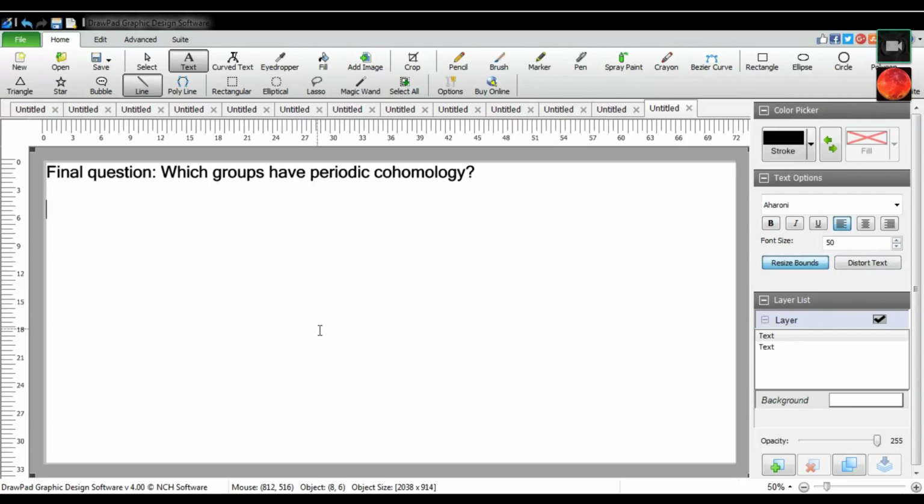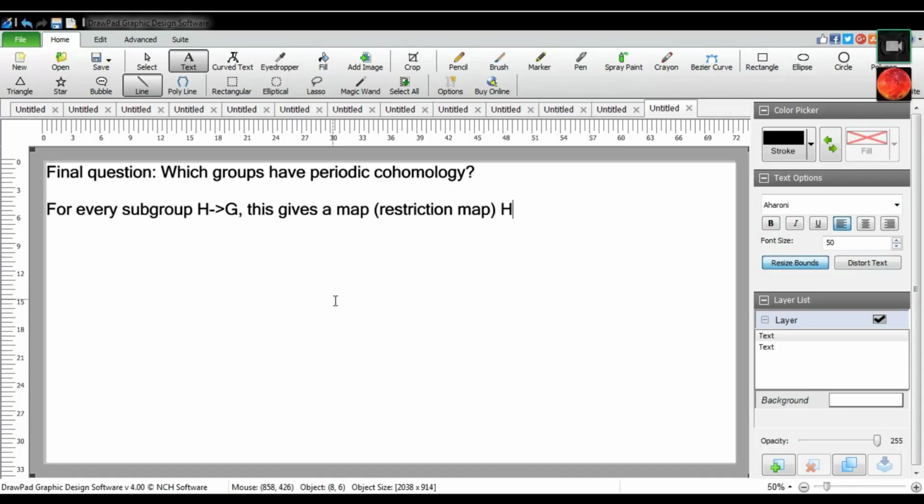The first thing we want to look at, which is kind of the obvious thing, is that for every subgroup H, we have an inclusion into G. This gives a map, we call it the restriction map, that goes in the other direction.